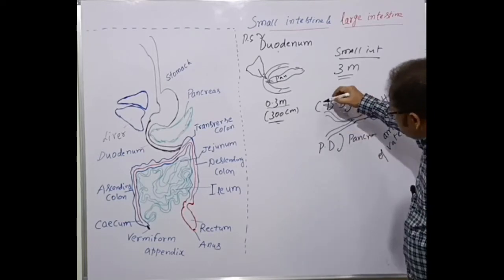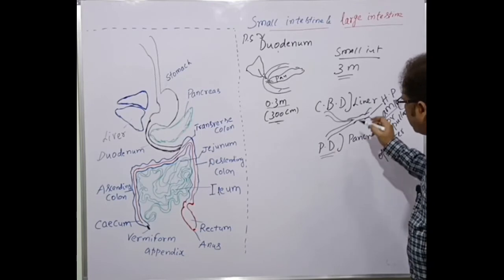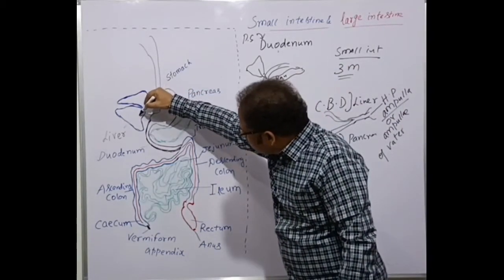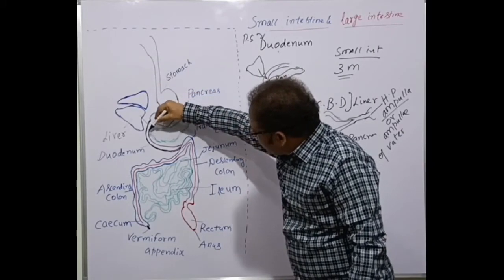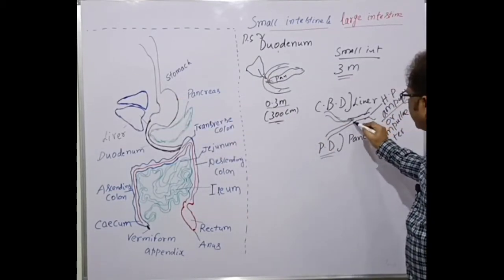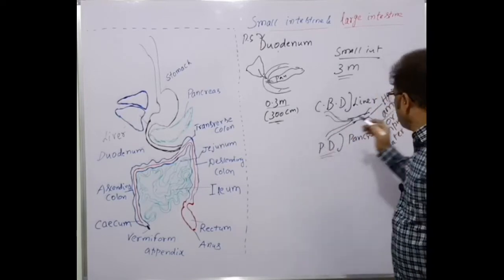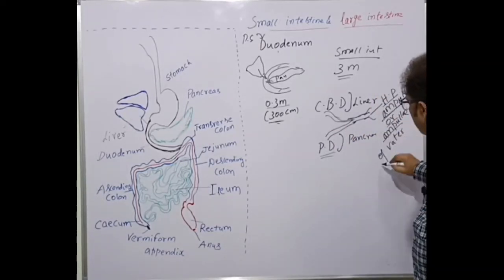See here, the common bile duct from the liver and the pancreatic duct from the pancreas both open into the duodenum here. They join to form a single duct called the hepatopancreatic duct, or hepatopancreatic ampulla, or ampulla of Vater.